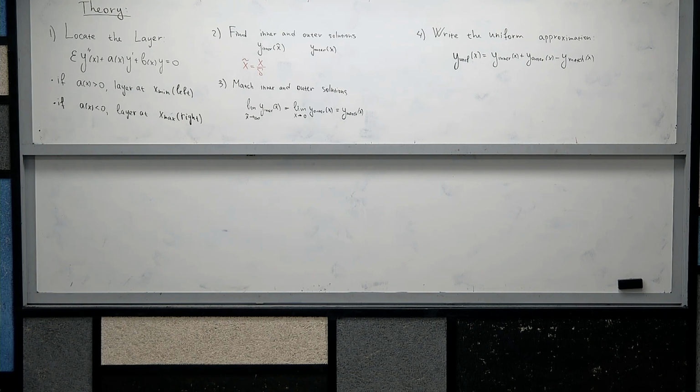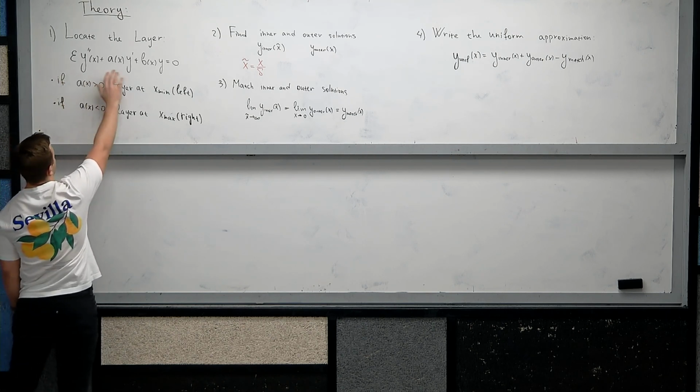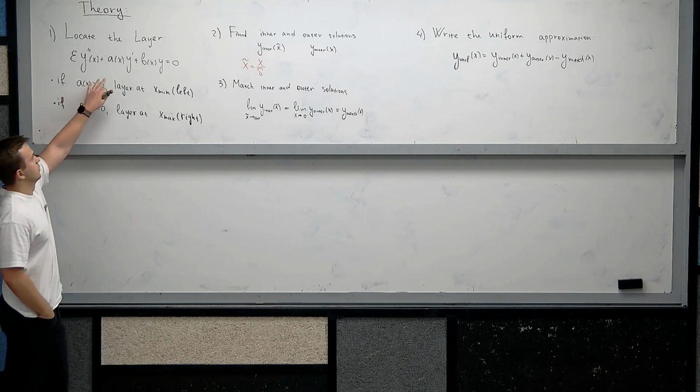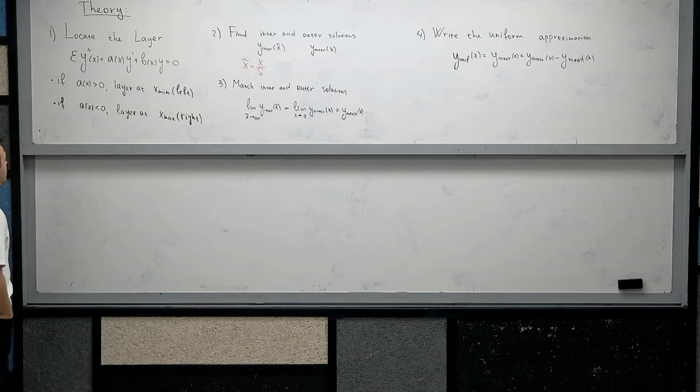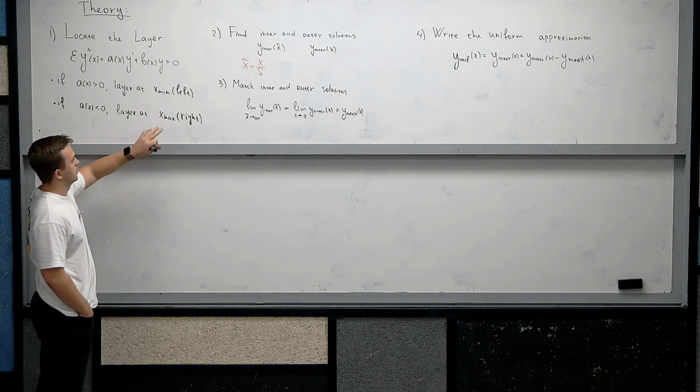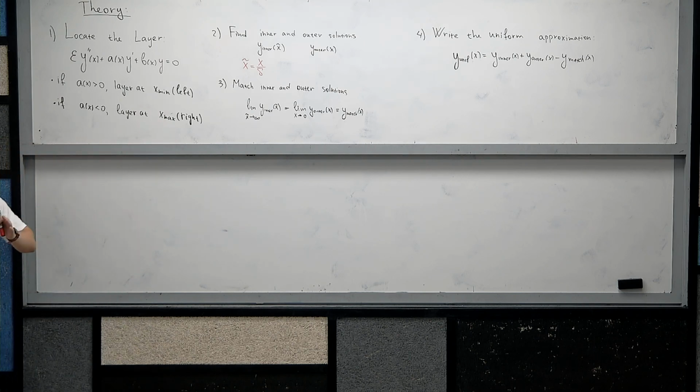First of all, for this second order linear differential equation, we need to figure out the sign of a of x, of this coefficient. If it's positive, then the boundary layer is at x minimum, and x min and x max are just the boundaries in the problem.